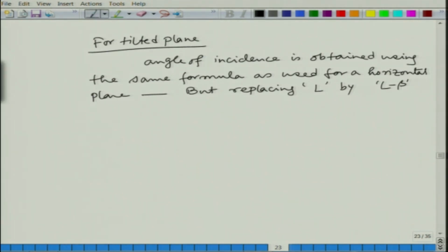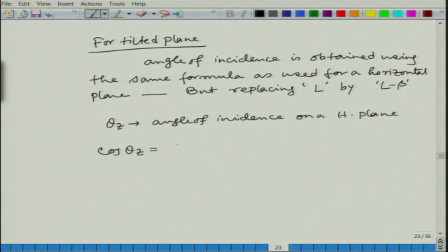So, we have seen earlier that theta z is the angle of incidence on a horizontal plane, okay. And we have also seen that this cos theta z is your cos L, cos omega, cos delta plus sin L, sin delta, right.